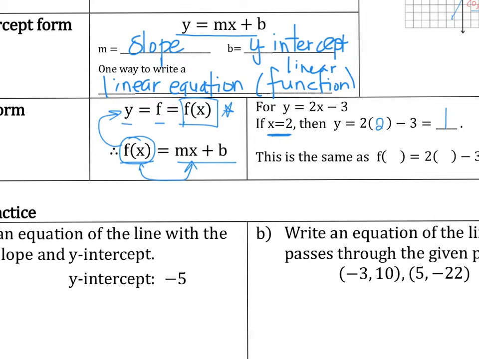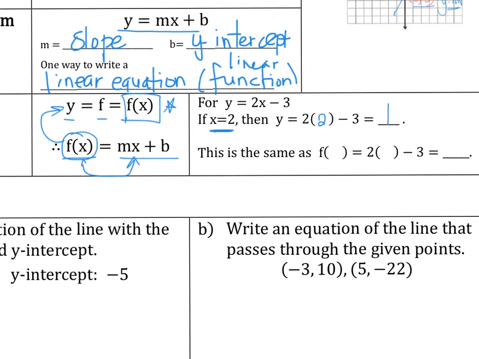And this is the same as when I write f of x equals 2 times x minus 3. So I can erase x here and put in the 2. So I just simply replaced y with f of 2.